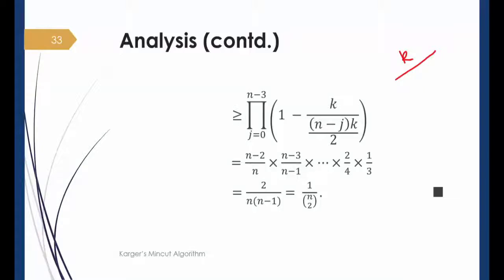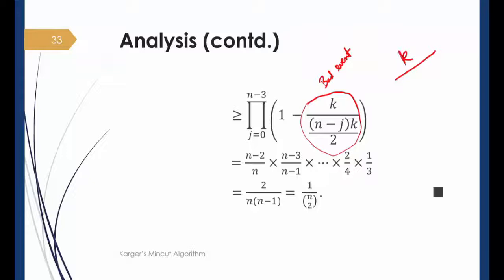So the bad event would be that we pick an edge from C star.